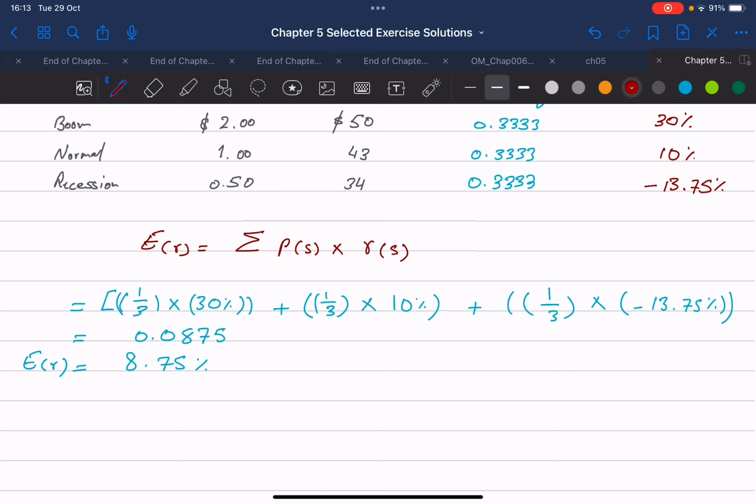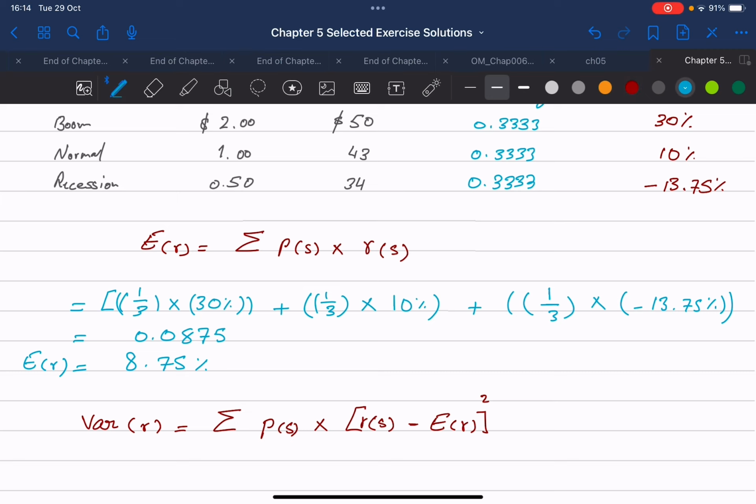And the variance is calculated as follows: sigma, probability of each scenario multiplied by the difference between the holding period returns on each scenario minus the expected return that we have calculated, to the power of 2.